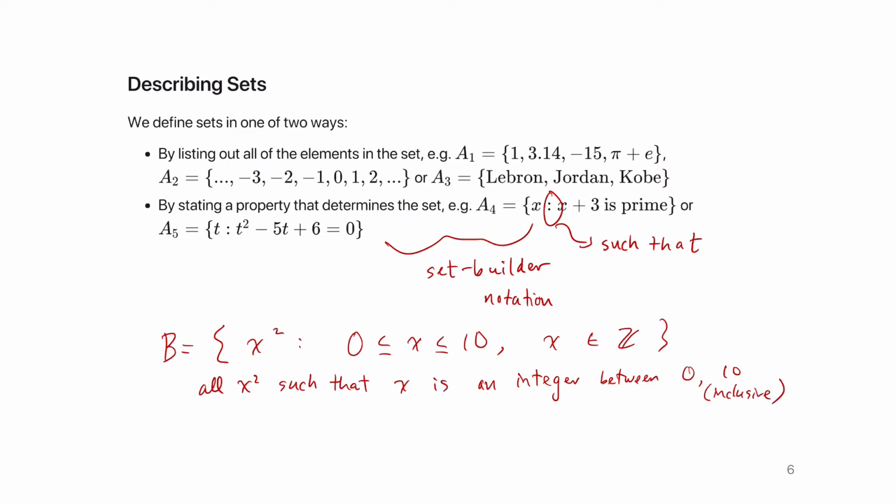Okay, so that's one way I could describe this set. But in terms of list comprehension, this would just look like X star squared for X in range 11. Right? We want to take X going from 0 through 10 inclusive and square them, that gets our set. And this is how we do it in list comprehension.